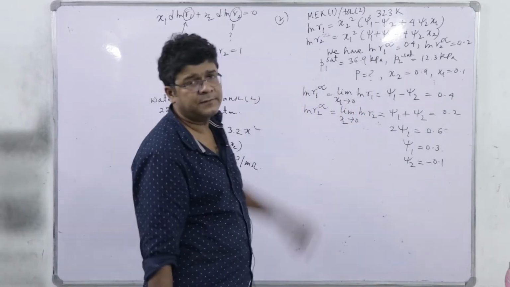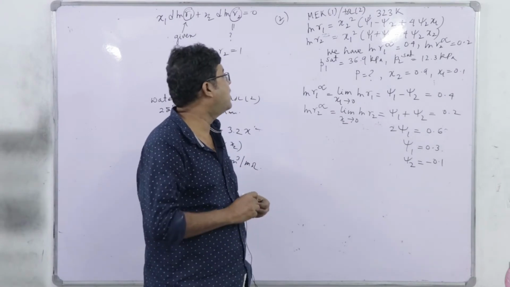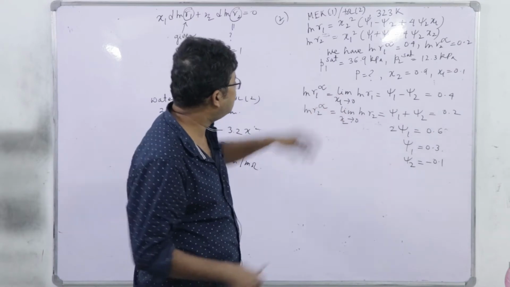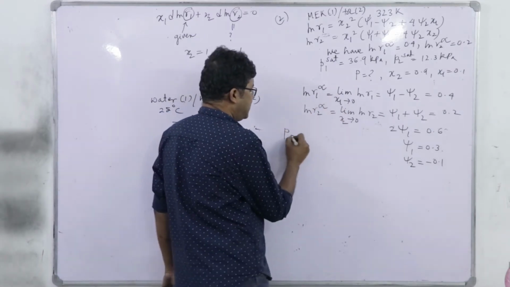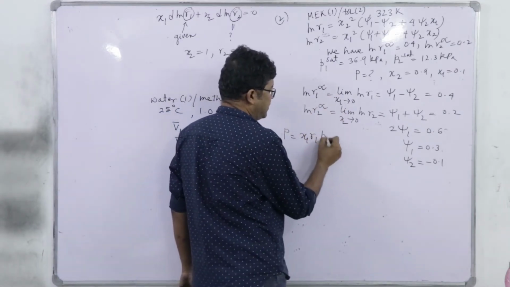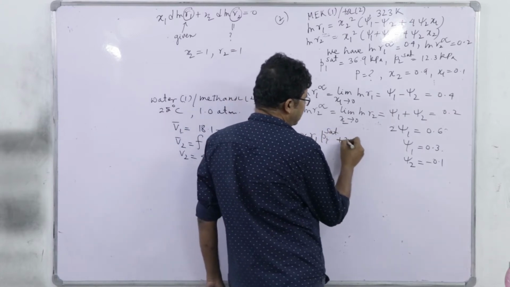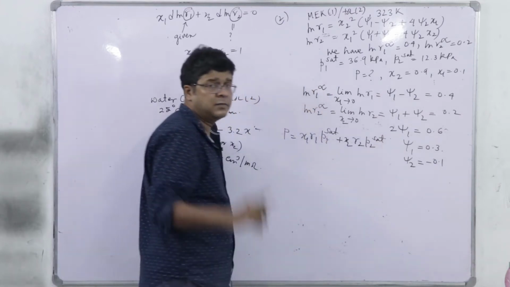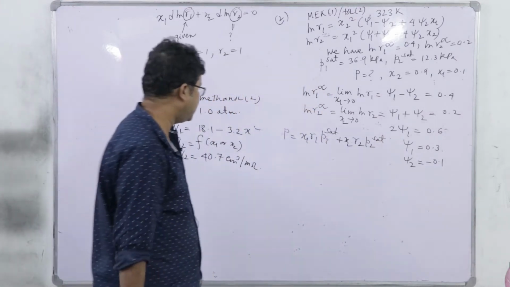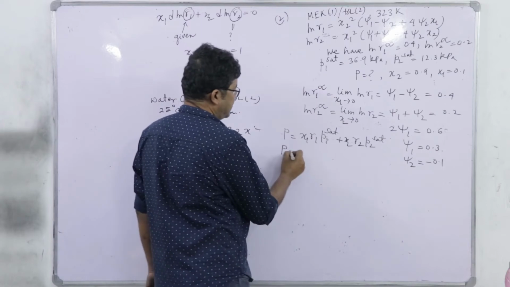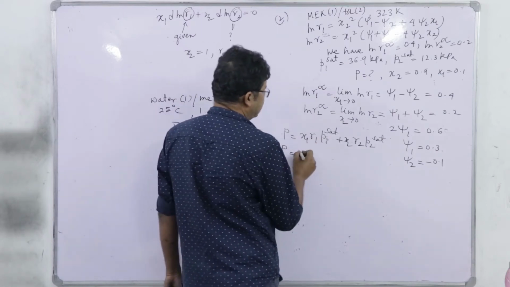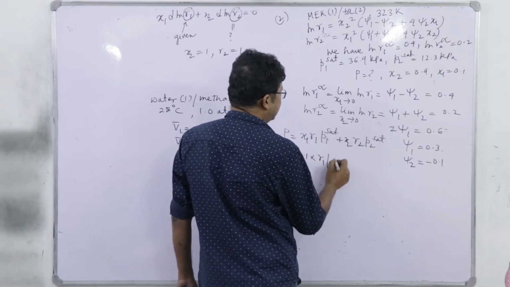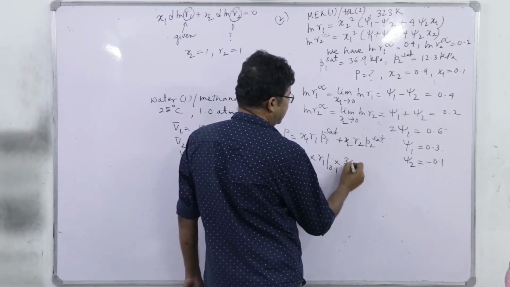So, we now have the expressions of gamma 1 and gamma 2 for that specific temperature, and next we have to solve for P. P is equal to x1 gamma 1 P1 sat plus x2 gamma 2 P2 sat for modified Raoult's law, which considers the vapor phase to be ideal. So, P is equal to x1 is 0.1, gamma 1 at x1 equal to 0.1 into P1 sat, it's 36.9.